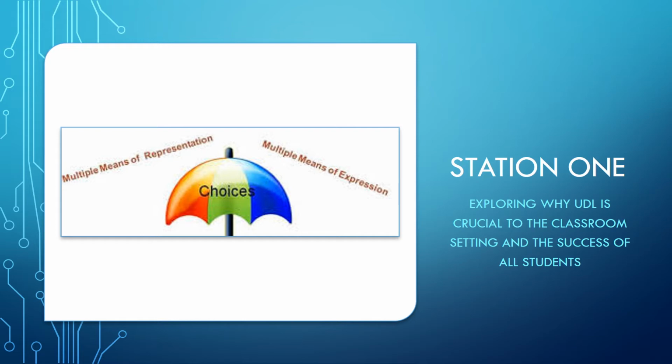Basically, this means that when I create my instructional plan, I'm going to create several different ways of teaching and showing the students in my class ways of learning the same topic. I'm also going to give the students different opportunities to show me what they know.